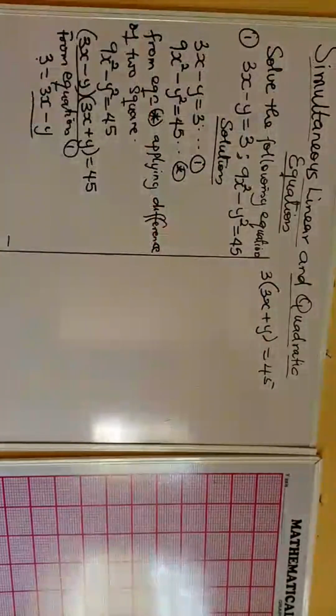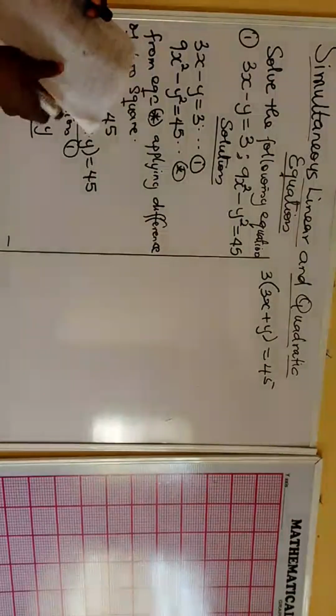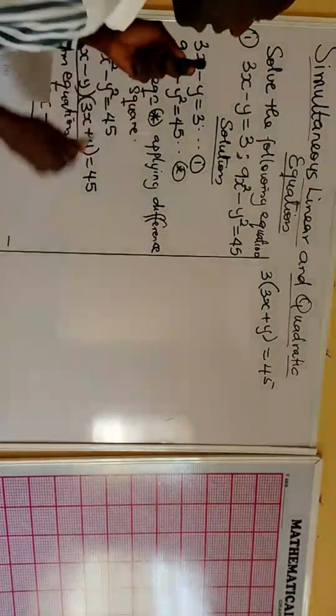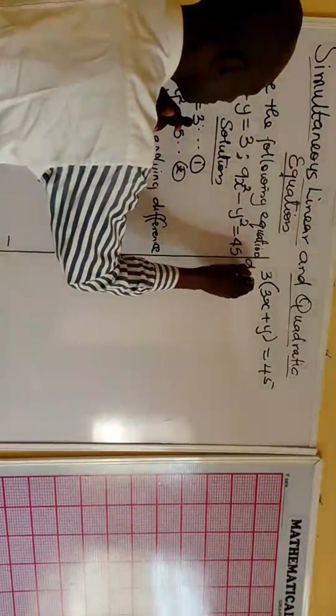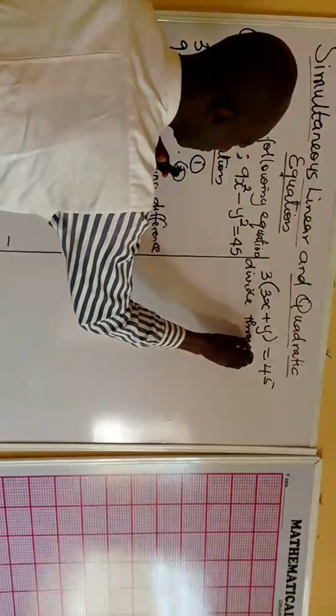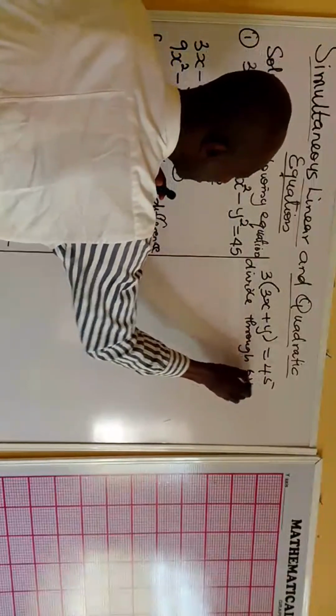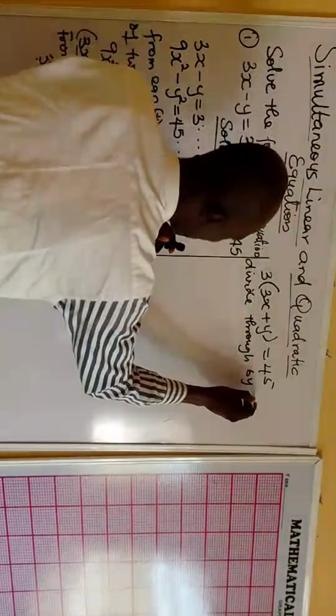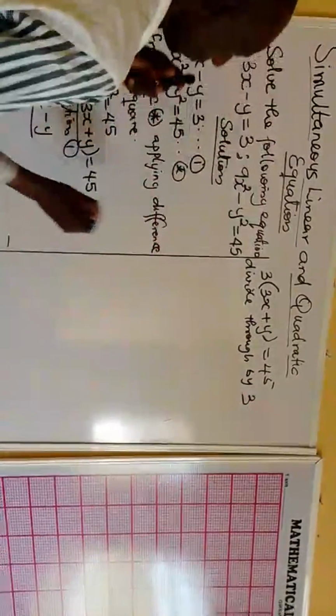There are two ways you can do it. You can open the bracket, but I decide not to open the bracket. I will divide both sides by what is outside the bracket, which is 3.